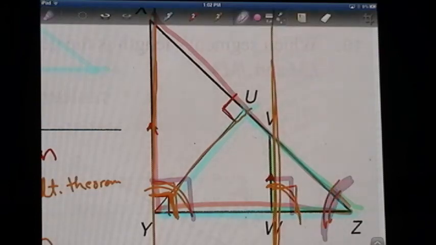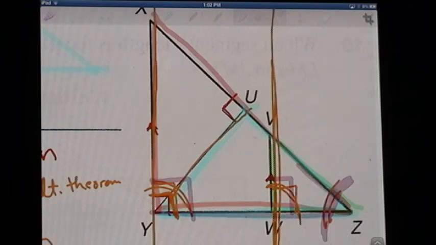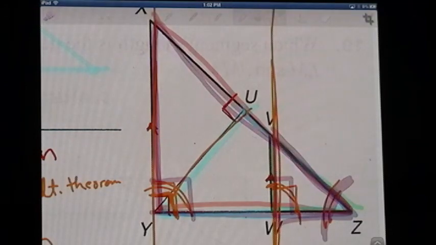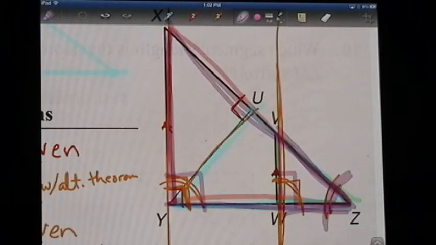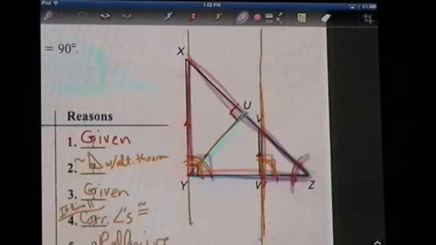And those both pertain to this triangle and this triangle. So when I talk about angle-angle similarity, that's going to have to do with a couple of triangles, and the two angles they have in common, that big triangle and that small triangle. So it would need to be triangle XYZ is similar to triangle VWZ by angle-angle.